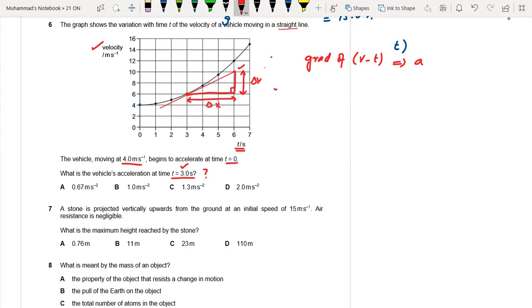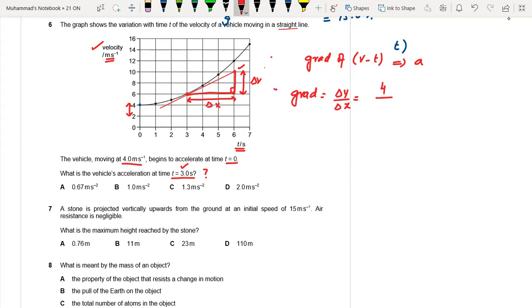You know that gradient is delta y over delta x, that is the ratio of rise over run. So what is the value of delta y over here? You know that on the vertical axis, one small division is 2 meters per second. So we have 2 small divisions on the vertical axis, so we have 4 meters per second.